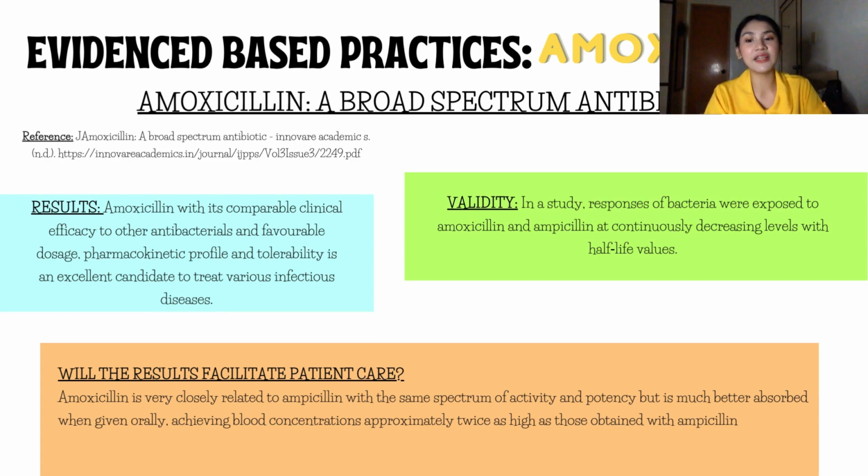For its validity, in a study, bacteria were exposed to amoxicillin and ampicillin at continuously decreasing levels with half-life values. For example, in Escherichia coli, if my memory serves me right, the kill rates were higher with amoxicillin than with ampicillin, with an exponential bactericidal response.